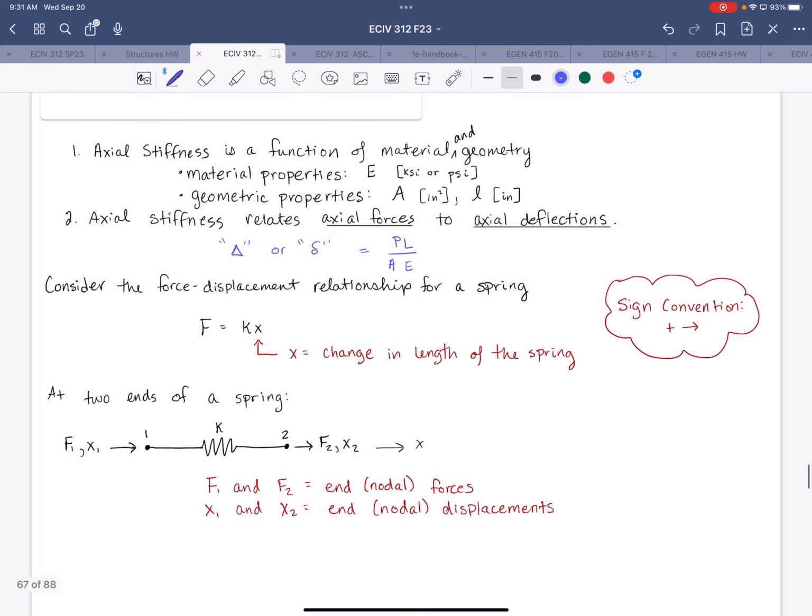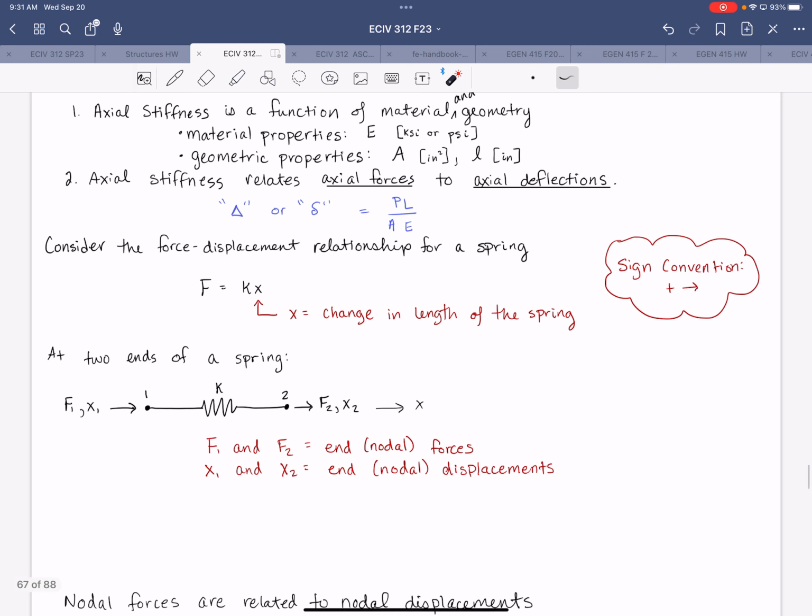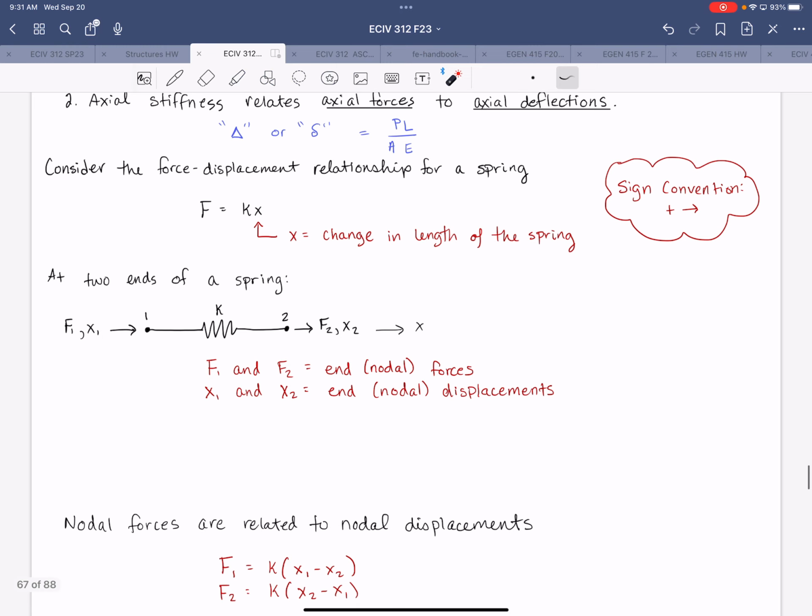And P, of course, is the applied force, or actually the internal force at the location where you're calculating displacement. When we apply this to finite element analyses, it's going to be applied forces. And you're also familiar with the equation for a spring. Here's the sign convention noted for single axis axial force systems.